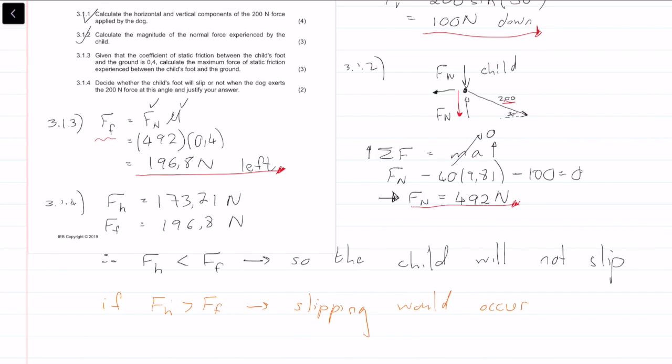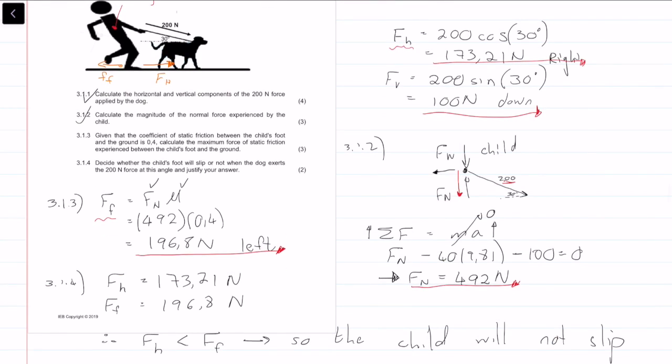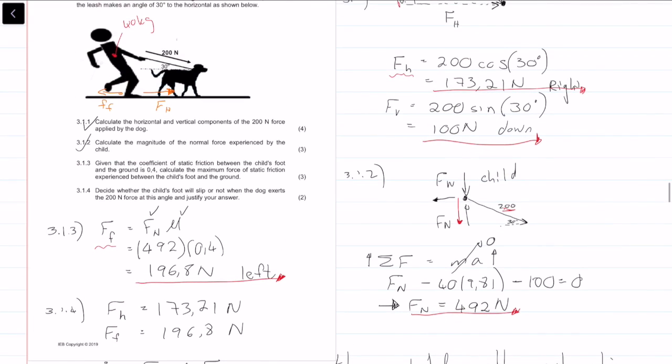Yes, because if the force being exerted on this kid that way, if the force being exerted towards the right was greater than the force friction, then overall this child is going to move that way and he's going to slip at his foot. Okay, so cool stuff, and we get ourselves 3 marks there and 2 marks there.